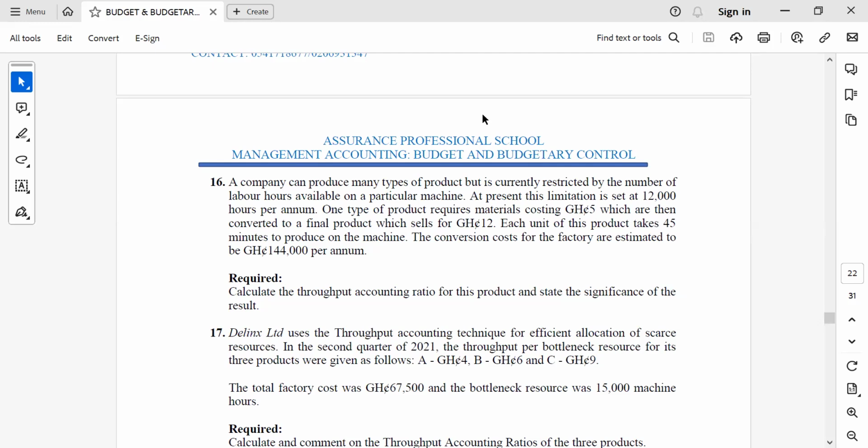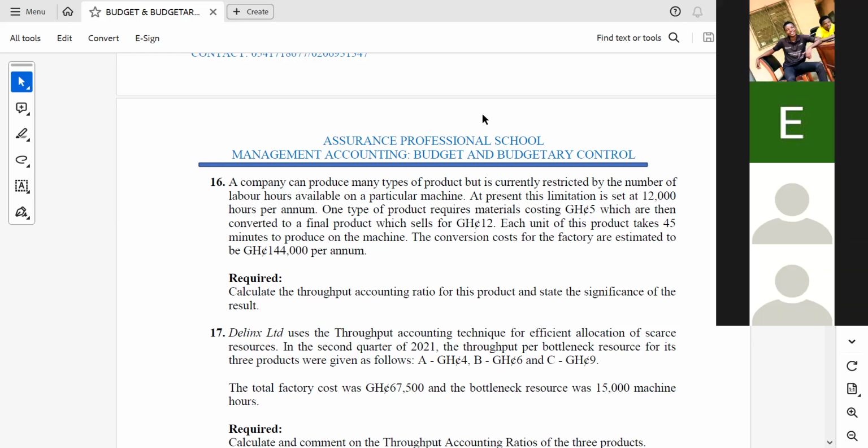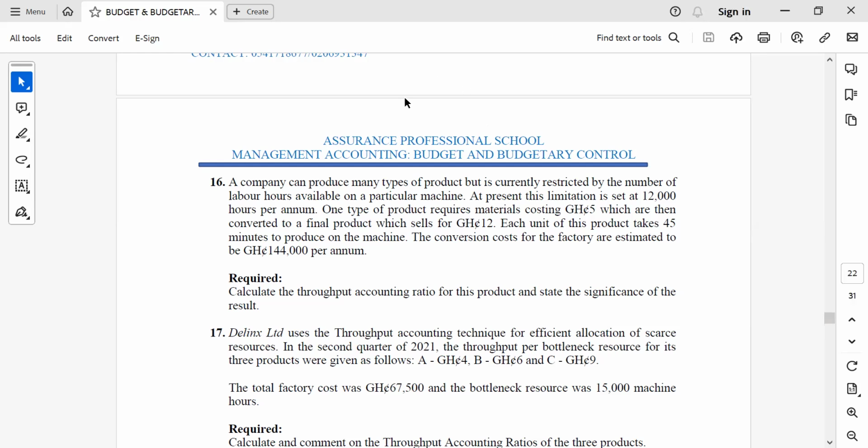Each unit of the product takes 45 minutes to produce on the machine. The conversion costs for the factory are estimated to be 144,000 per annum. Required: calculate the throughput accounting ratio for this product and state the significance of the results. Okay, thank you very much.